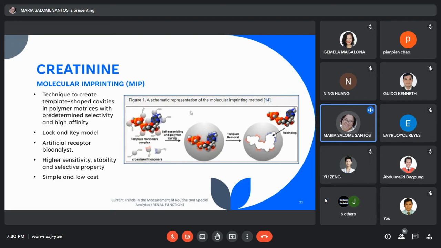So at the end of the polymerization stage, the polymeric matrix has specific recognition sites after removing the template with suitable absorption agents. So the molecularly imprinted polymers are able to bind with the template. As an advantage, it has higher sensitivity, stability, and selective property, simple and low cost.